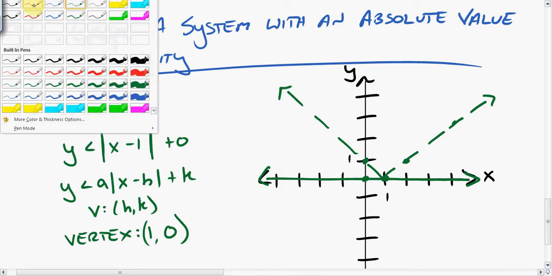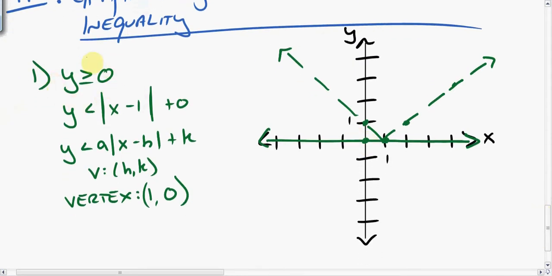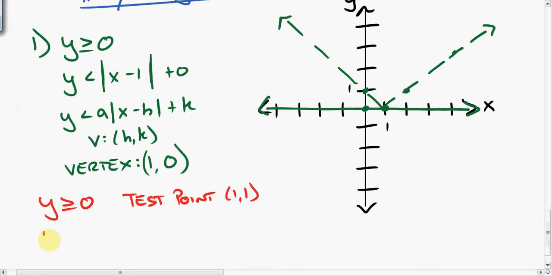Now we just have to test for shading. Unfortunately with the first inequality, y is greater than or equal to 0, I can't use my favorite test point of 0, 0, because this line passes right through it. So I'm going to use my second favorite test point of 1 comma 1. I've got y is greater than or equal to 0.